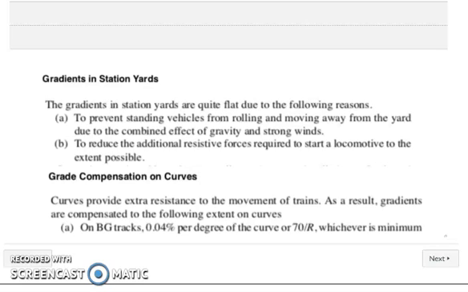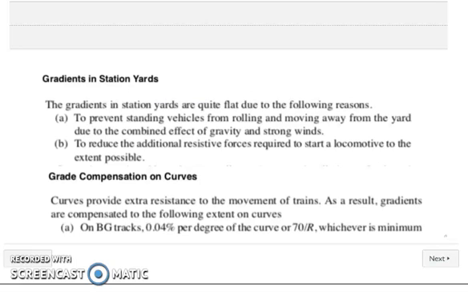Basically, at the station, the train will be standing and not moving, so they want to keep the vehicles from rolling away from the yard. Number 2, to reduce the additional resistive forces required to start a locomotive to the extent possible. So they want to reduce the additional resistive force that is required to start up a locomotive.